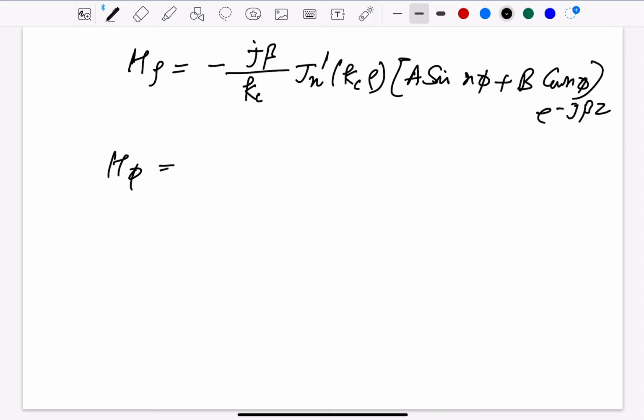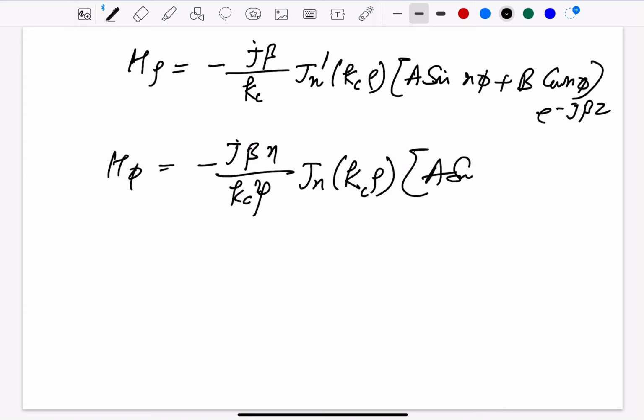H phi is minus j beta n over Kc square rho Jn Kc rho, and of course a cos n phi minus b sin n phi, e to the power minus j beta z. So these are all the field components for the TEnm mode.